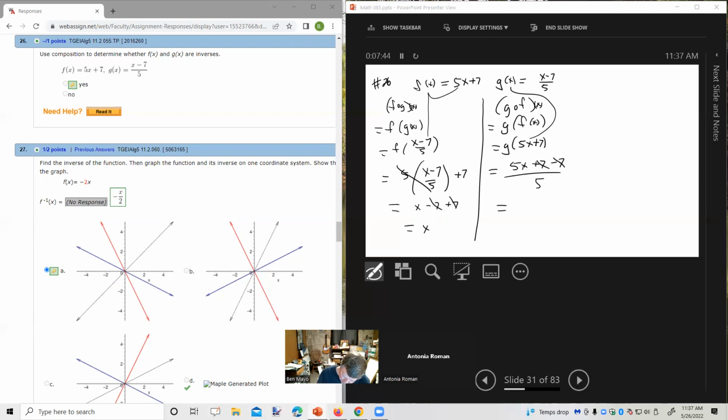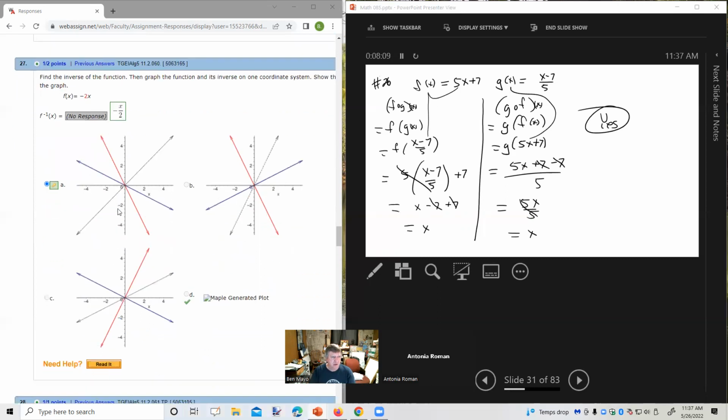The plus 7 and the minus 7 cancel. 5x over 5, the 5s reduce out, and we get x. So yes. Good to go on? Not quite. Okay, no problem. Yes. All righty.